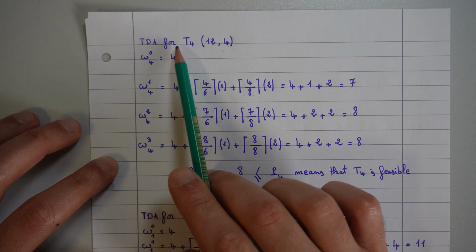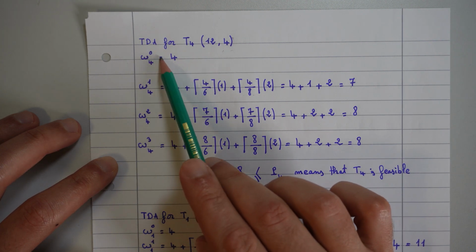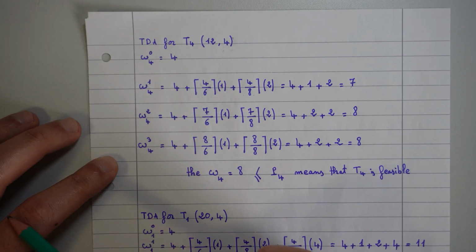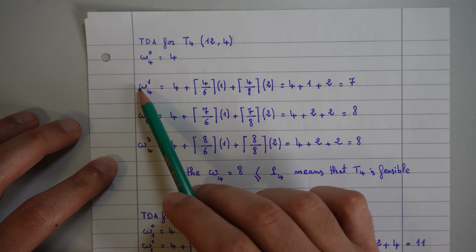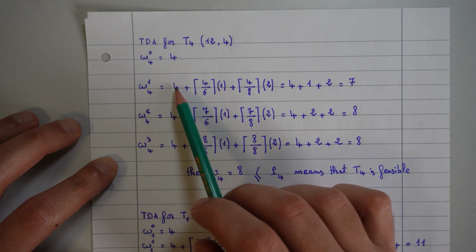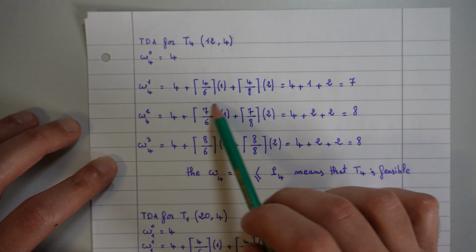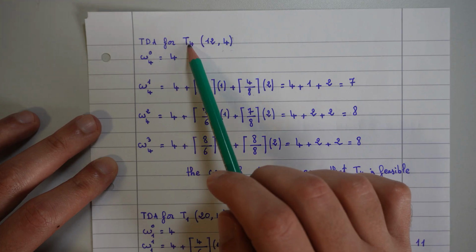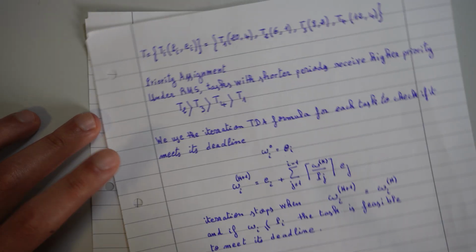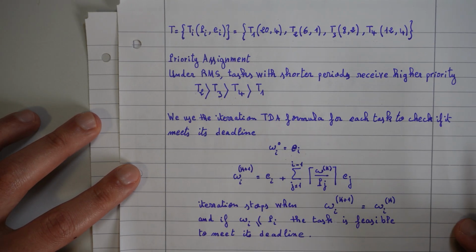The time demand for T4 is set initially to be equal to the task 4 execution time. The first iteration is equal to the task 4 execution time plus the higher priority tasks' interference. And task 4 suffers task 2 and task 3 interference.